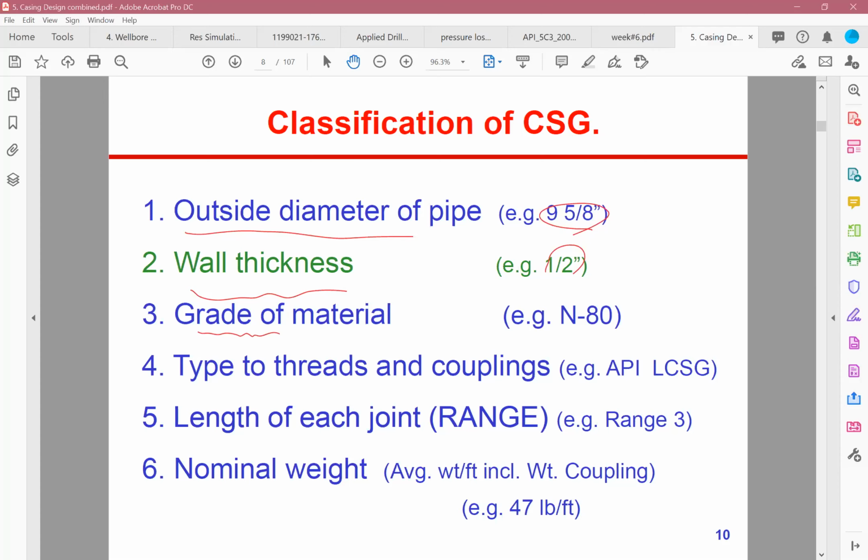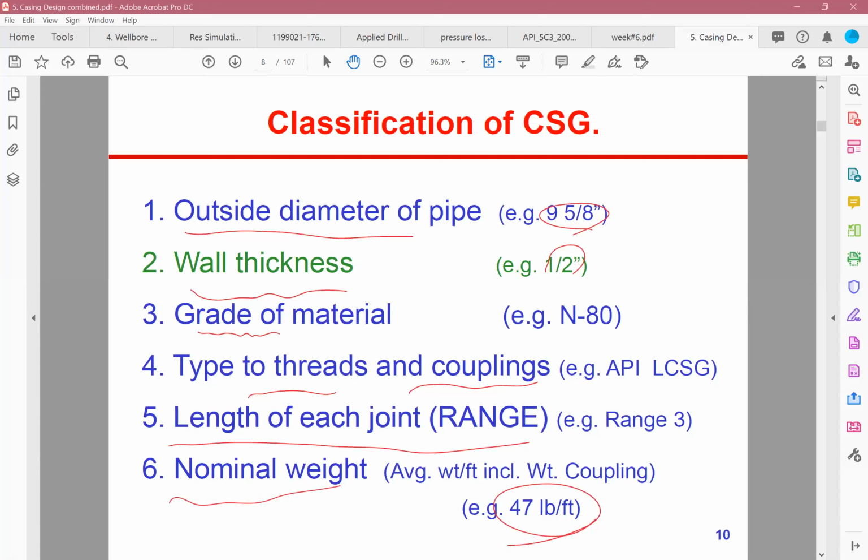Casings are also similar to drill pipes. They are not just a single string of 5,000 or 6,000 feet. They are multiple joints connected together using couplings. So couplings and threads are another specification of different casings. Then there is the range of each joint: for drill pipe we usually use 30 feet, right? We also have different ranges that we will talk about, and also the weight of the casing.